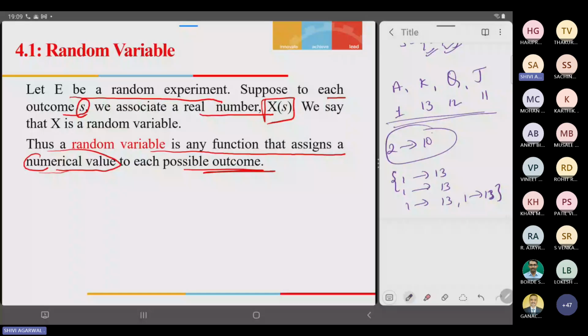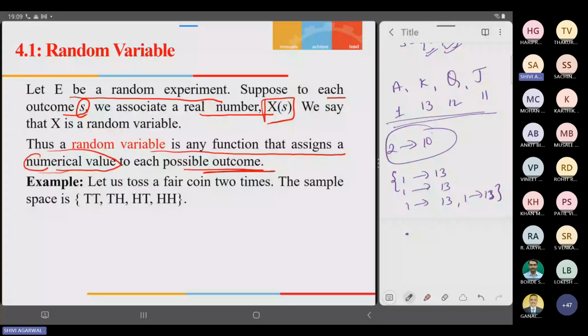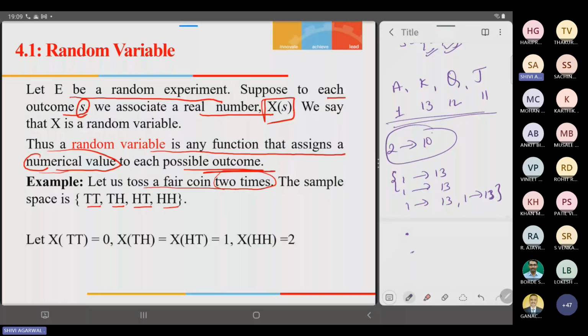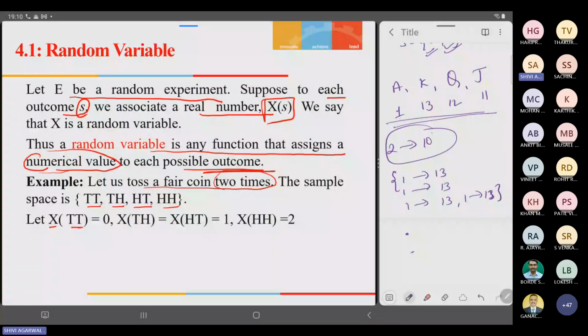Okay, I already gave you two examples, but again we are taking more examples. Let us toss a fair coin twice. So the sample space is TT, TH, HT, HH. What we can say is we can take a random variable X: X of TT is equal to 0, meaning no head, X of TH and X of HT are 1, and X of HH is 2. So what is the function here?